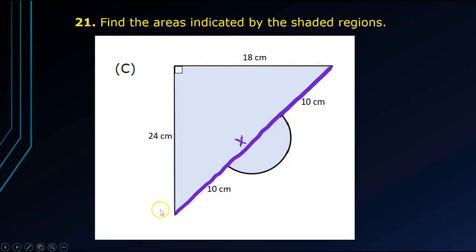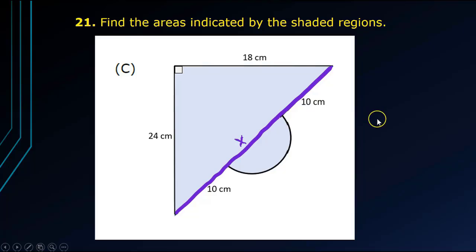But looking at this entire value here, x, this is the hypotenuse of this right triangle. And so if I figure out what x is in its totality, I should be able to figure out what this part here is, because this is 10 centimeters, this is 10 centimeters, and whatever's left should add up to the entire length that I'm marking as x right now.